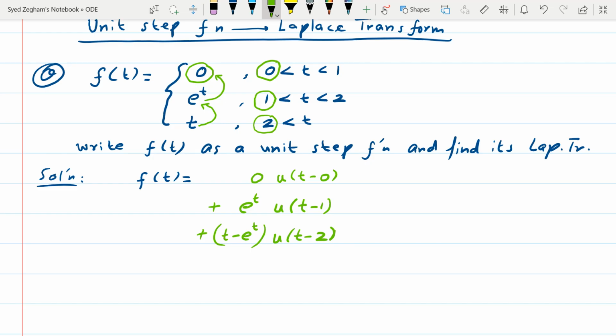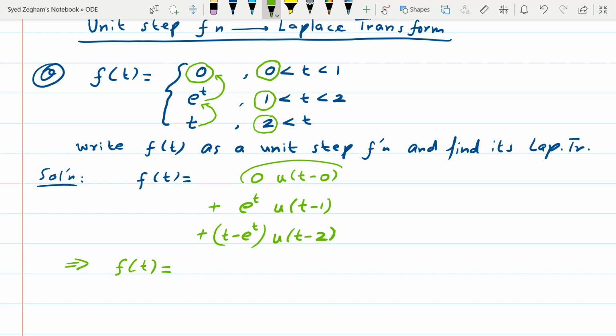This is the form where we have written this function f(t) as a unit step function. Okay, so therefore correctly you have written this function f(t) as a unit step function.